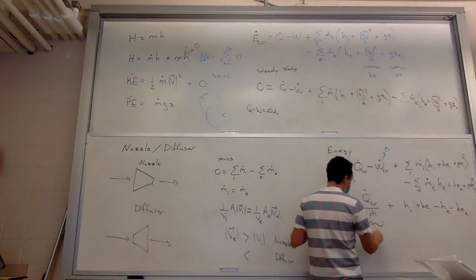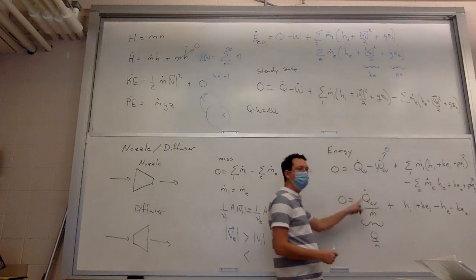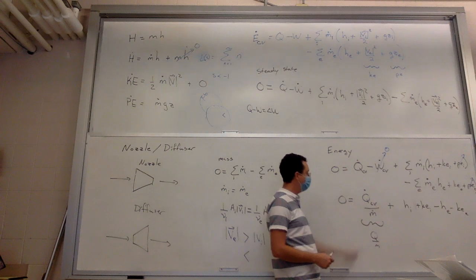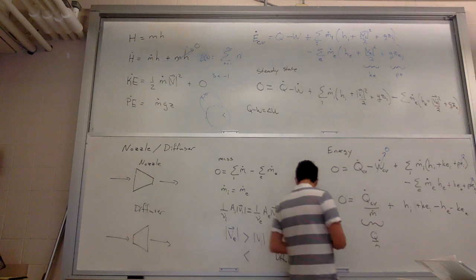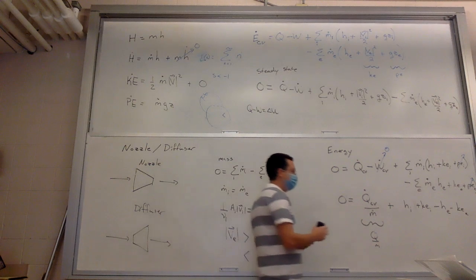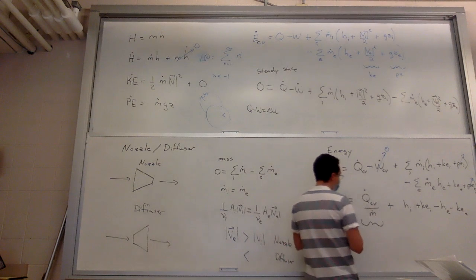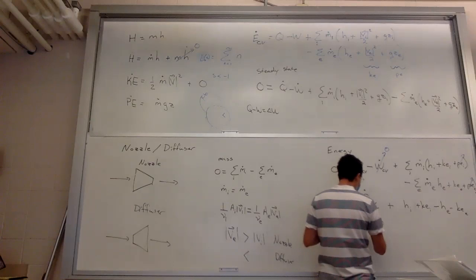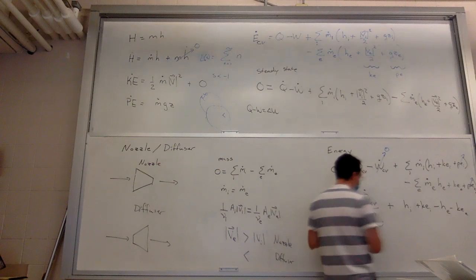That's nothing other than Q over m. Ratio of the functions is equal to the ratio of the derivative of the functions. Well, what's Q over m? Specific amount of heat, remember? All right, so that's little q, control volume.